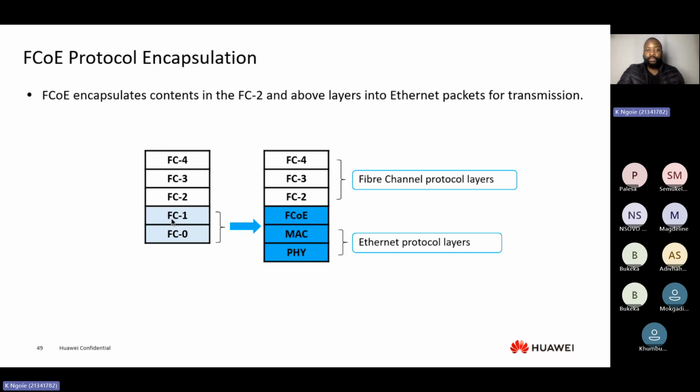Now FC1 is the layer that will be encoding that. It takes the digital data that you have and converts it into a proper format, which will be understood by the physical layer. And the physical layer will be able to control how the data are being transferred.